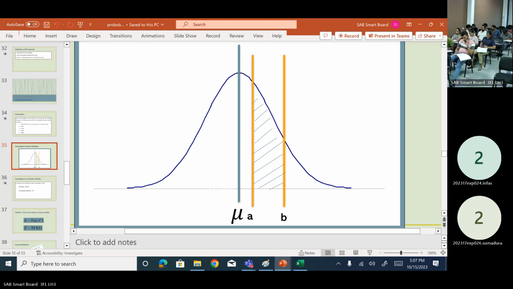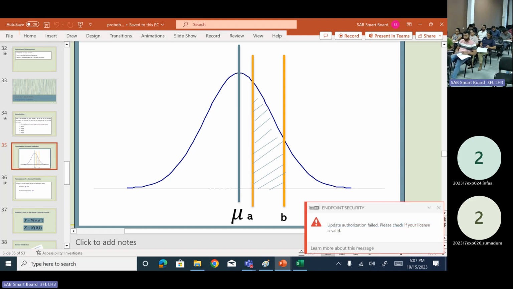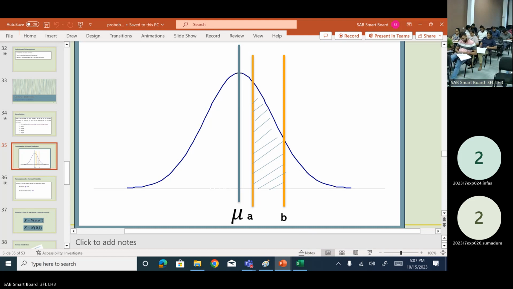Second bullet point: the total area under the curve is 1.